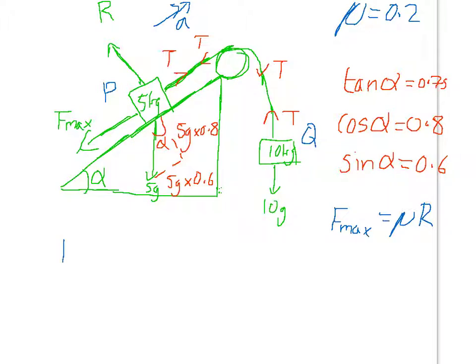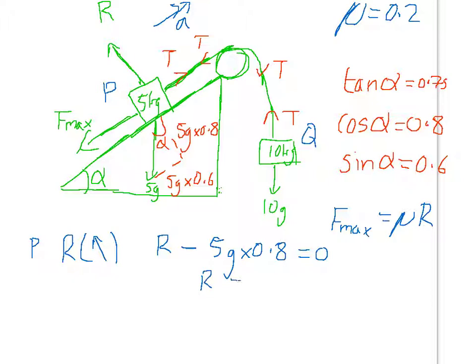So we're going to find the forces acting just on particle P perpendicular to the plane. So R minus 5g times 0.8 equals 0, because there's no acceleration in that direction. So R is equal to 5g times 0.8, which is the same as 4g.